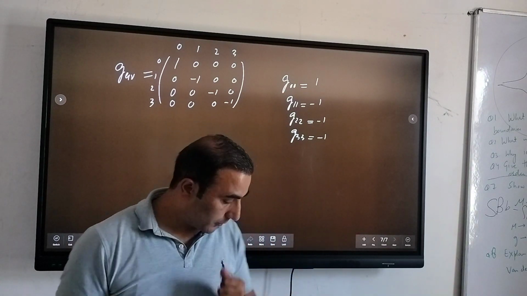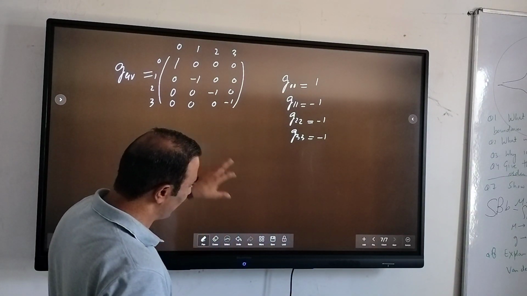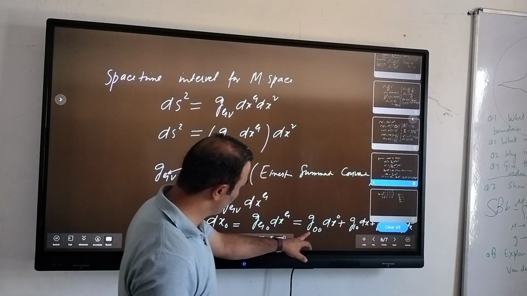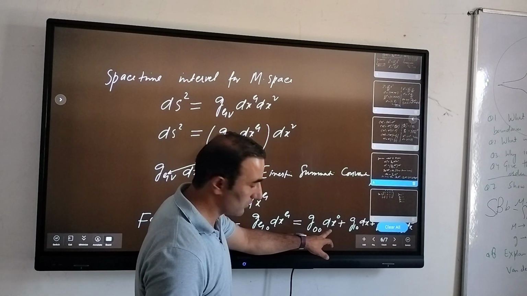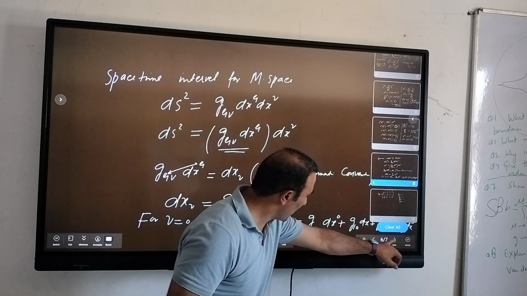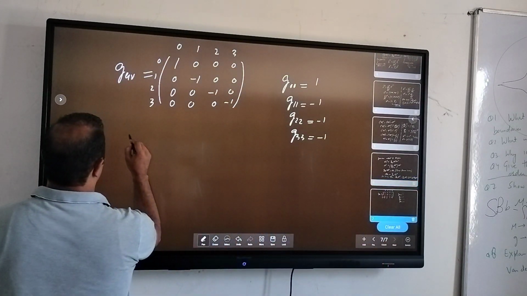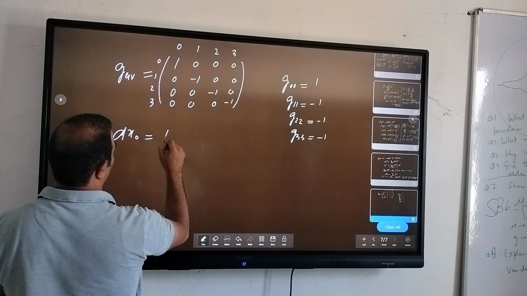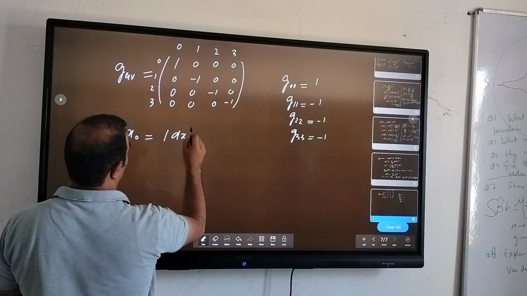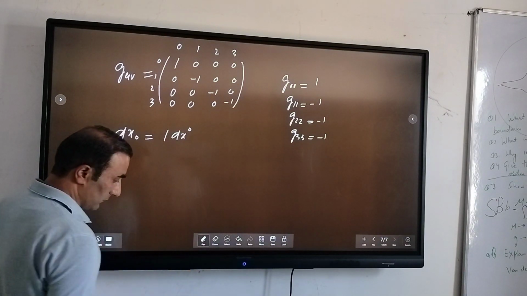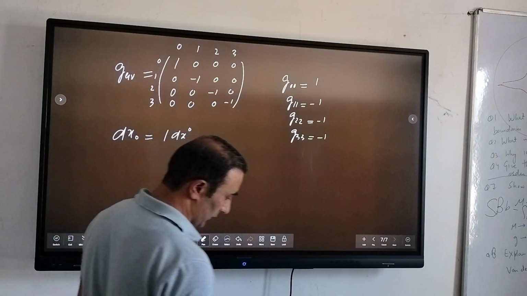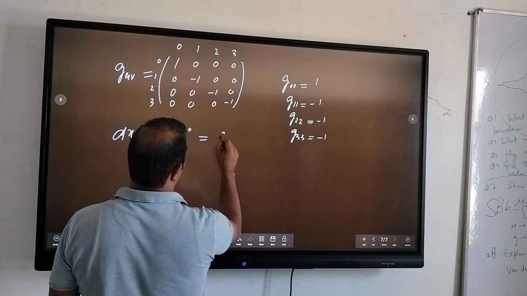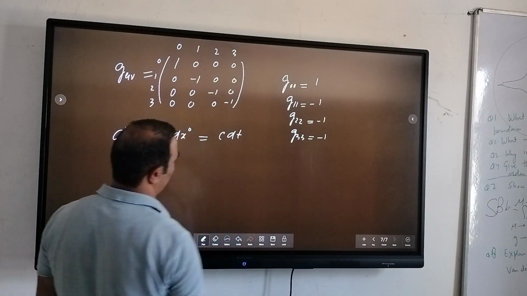Now let's rewrite that. We have this g_00, which will be +1, so only this component will survive, right? That means we have dx_0, which you can write as c dt, right?